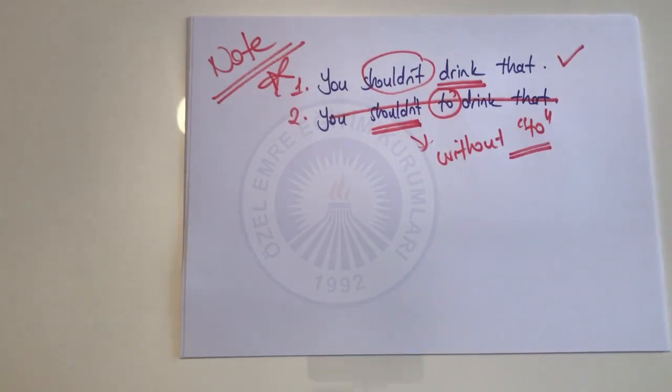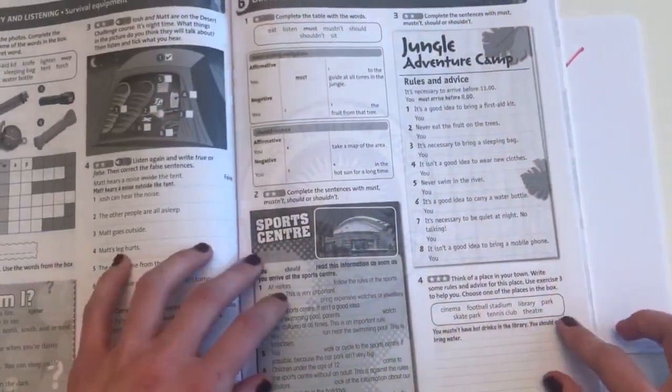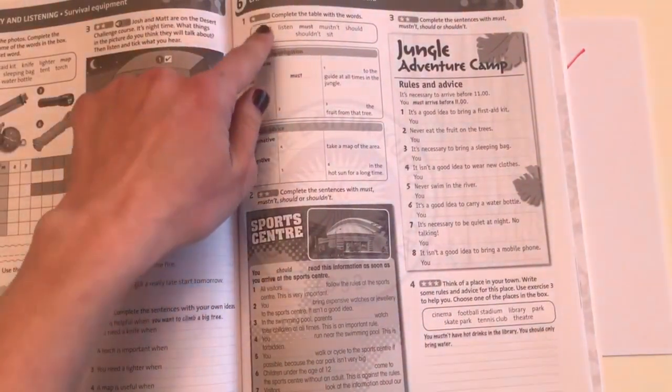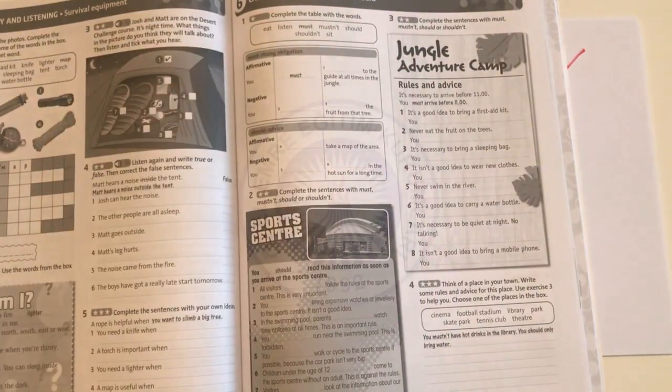Please revise them again. And you have got homework. So, what's your homework? First, please open your activity book. Page number 51. Let's see it in here. So, in the first part, please complete the table with the words eat, listen, shouldn't, mustn't, should, sit.